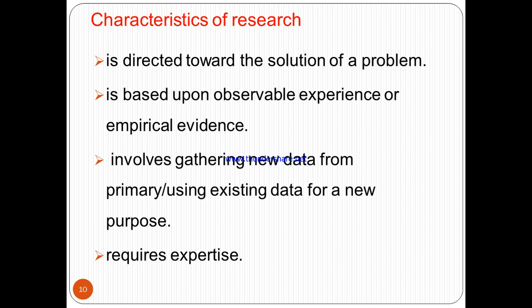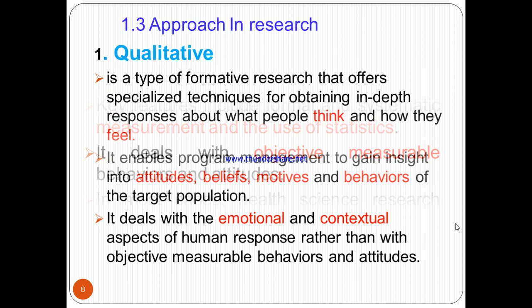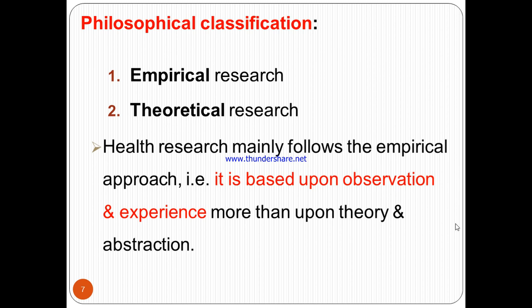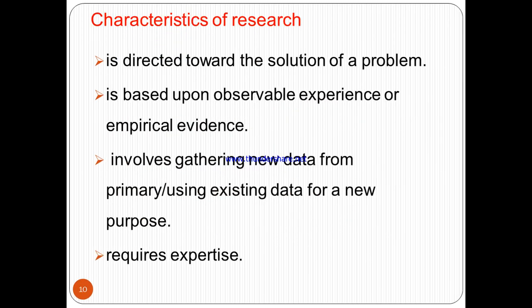And the other topic is characteristics of research. It is directed toward the solution of a problem, so it is problem-oriented. It is based upon observable experiences and empirical evidence. As I told you earlier, empirical means it is based upon observation and experience, and especially for health research, it should be empirical.